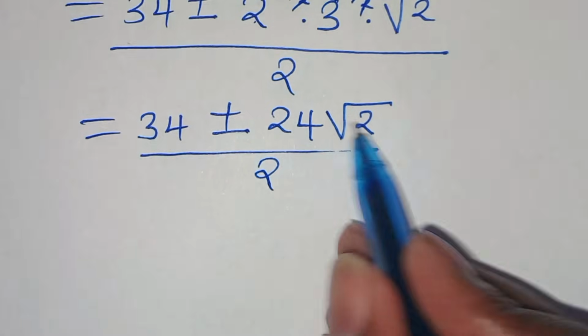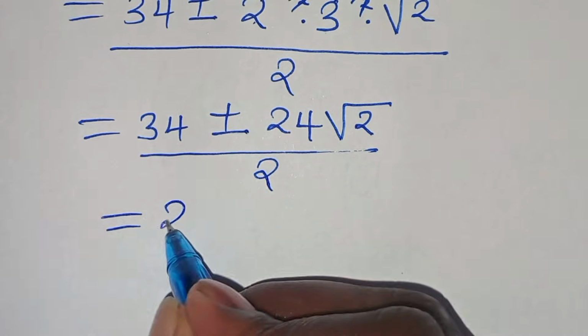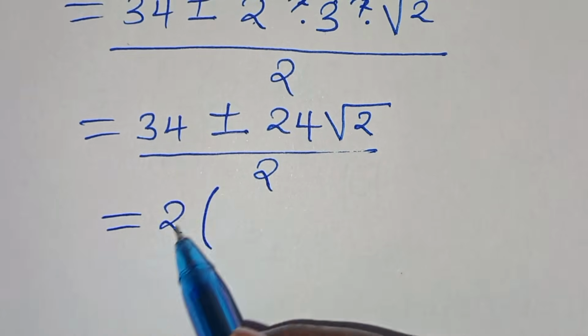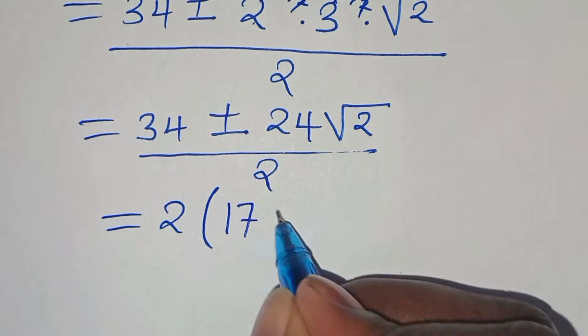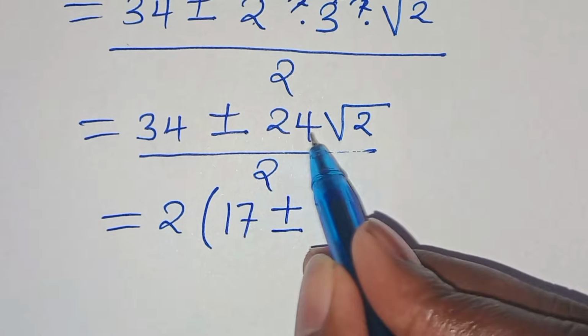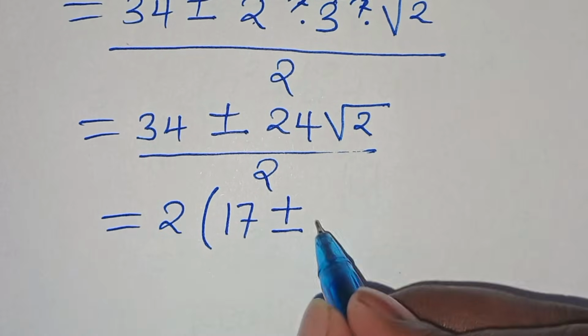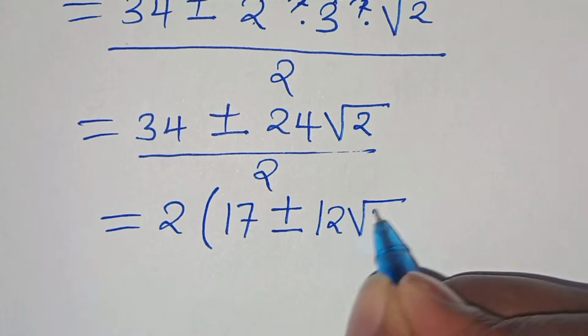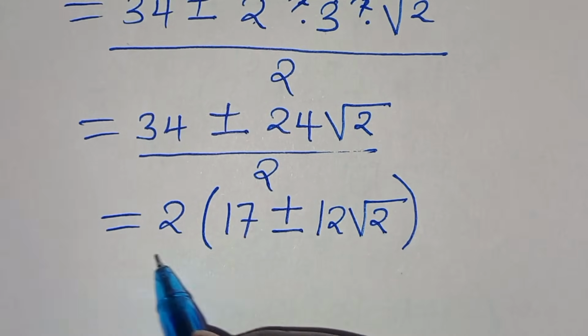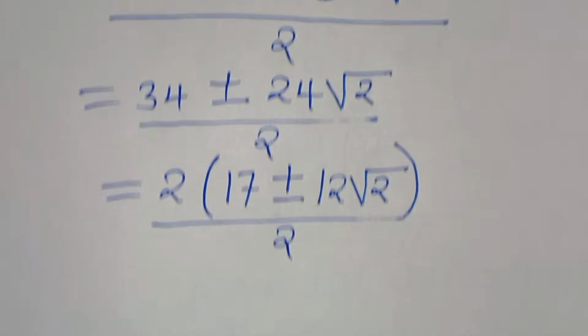So in the numerator here, we can factor out 2, so that now 34 divided by 2, this is 17 plus or minus 24 square root of 2 divided by 2, this is 12 square root of 2, everything here divided by 2.